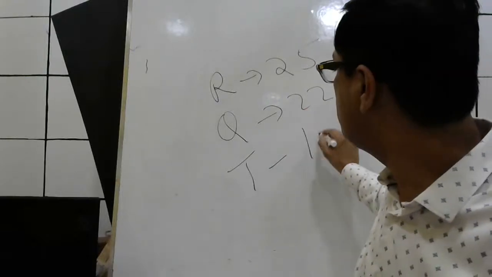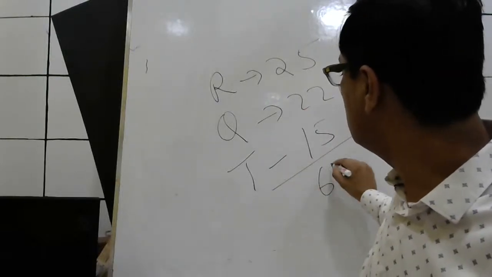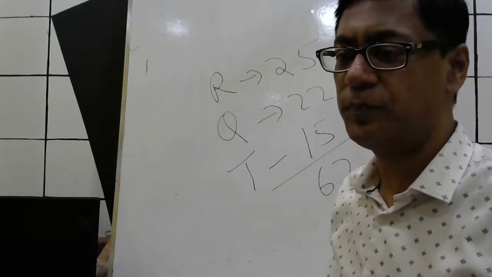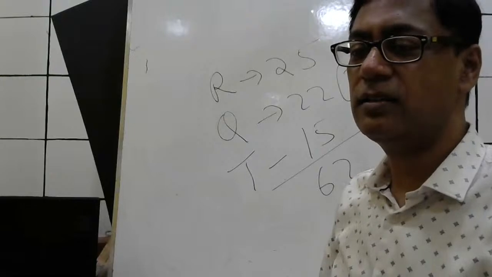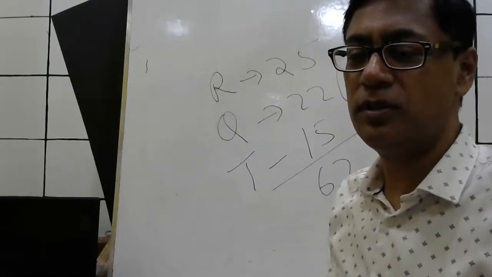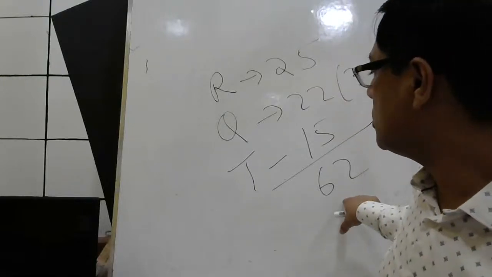T has 15 votes. This is 62. Great. This is good news. All of you are able to see. So this is 62.